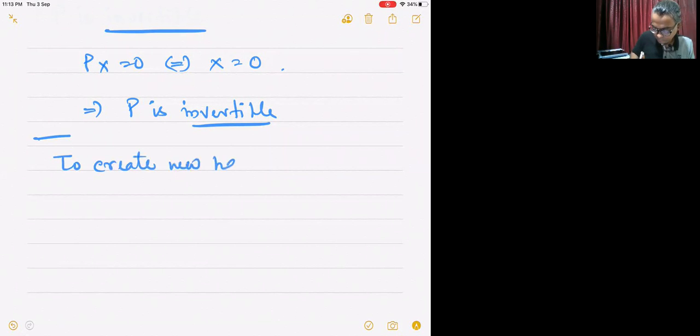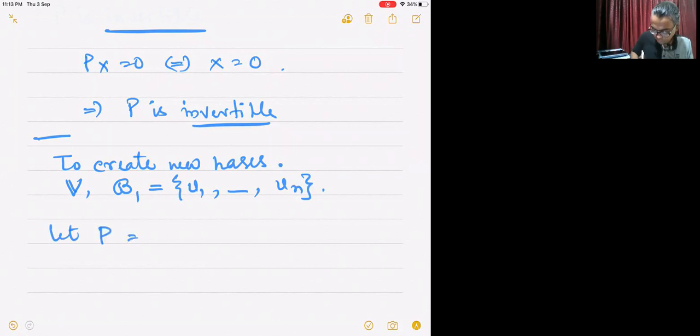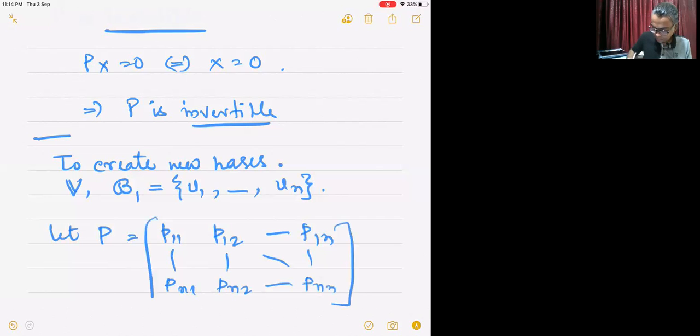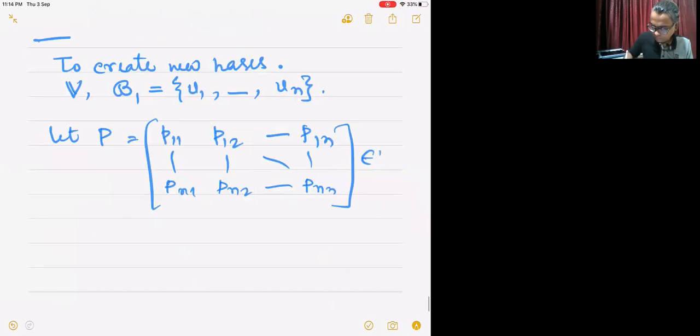New bases. So I have V1 given, V1 dot dot dot up to Vn. Let P equal to P11, P12, and so on up to P1n, down to Pn1, Pn2, dot dot dot up to Pnn, an n cross n matrix, be invertible.